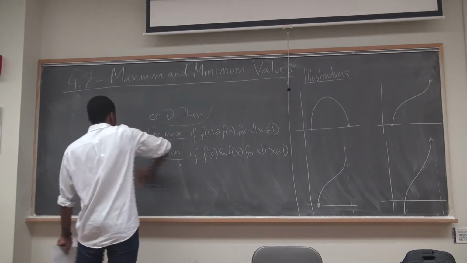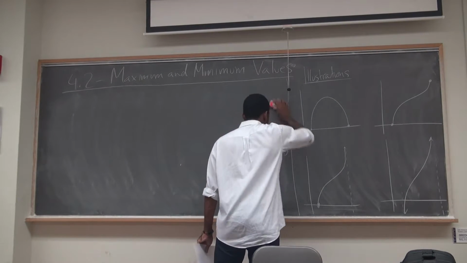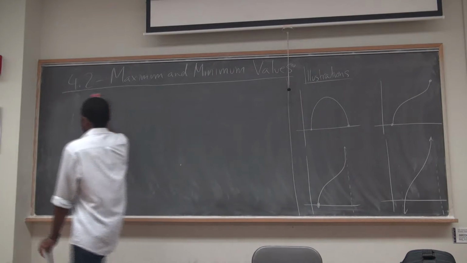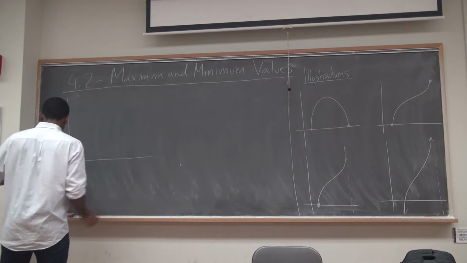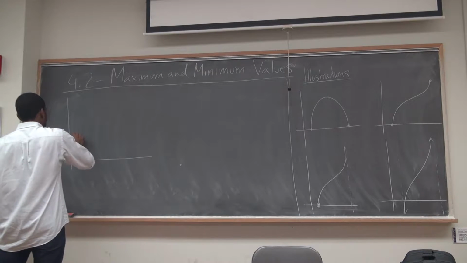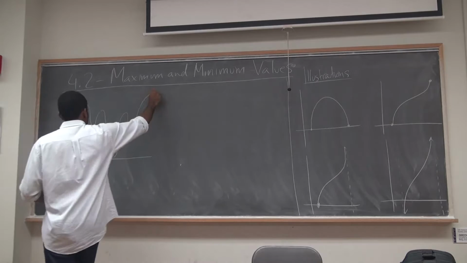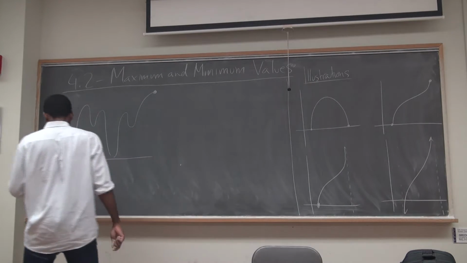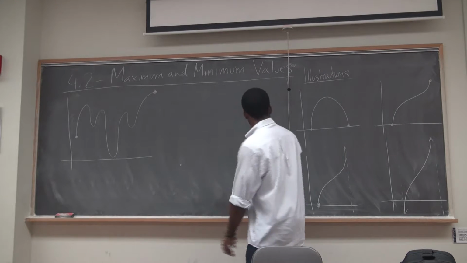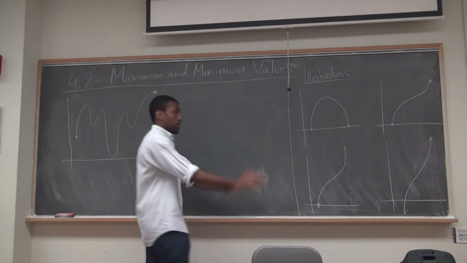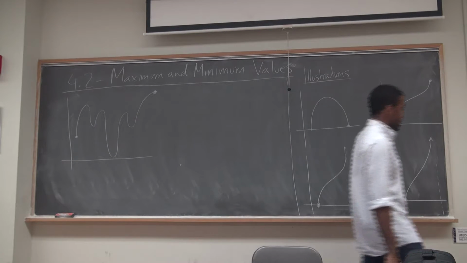So remember the definition of absolute max and min? The y value has to be larger than every other y value. Picture. Okay, so just from the pictures, don't worry about what functions these actually represent, or what their definitions are algebraically.